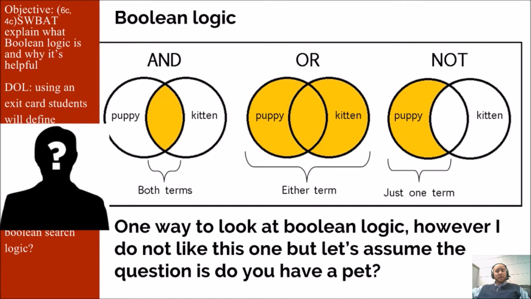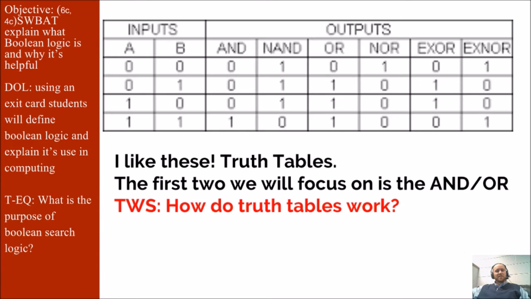If you have a puppy or kitten and we just don't know, then the whole thing would be yellow. Technically, you could have both, so it still works. And then there's the not gate. So if you have a kitten, then puppy would be highlighted. So I know it's a little confusing, but these are essentially how gates work.